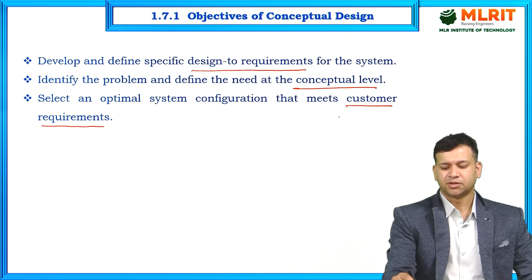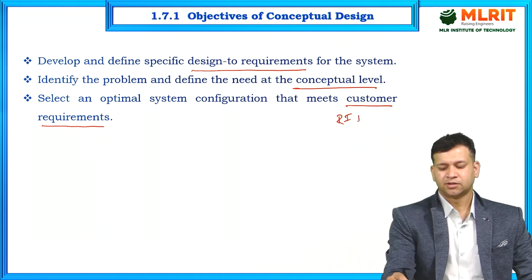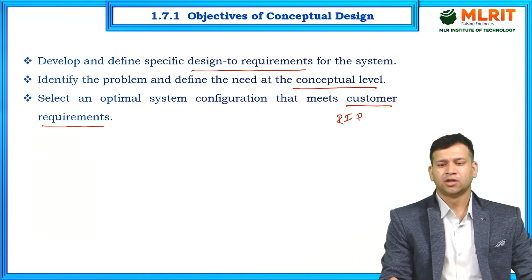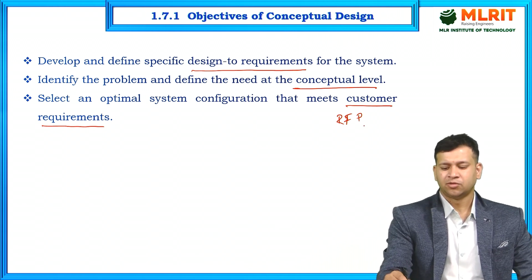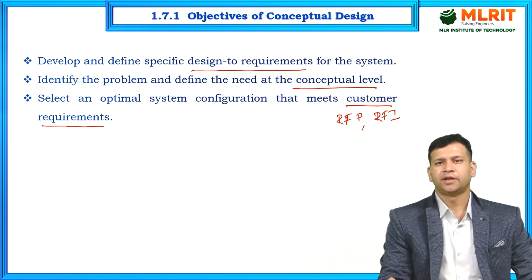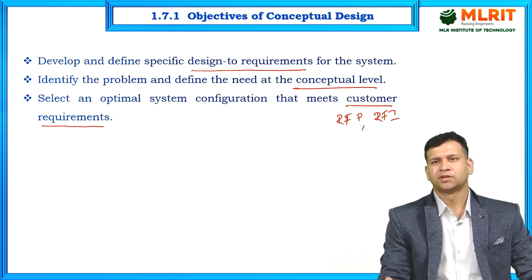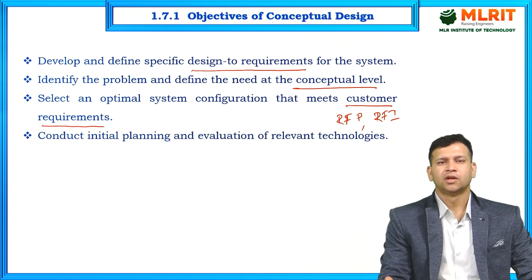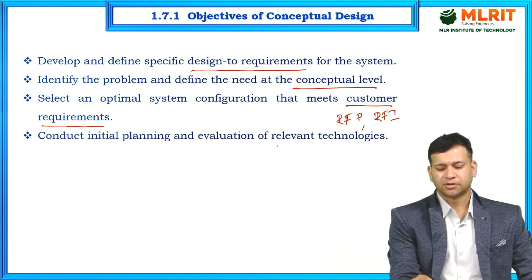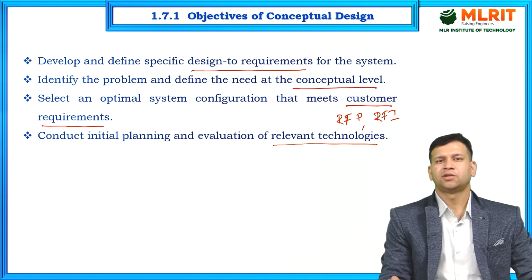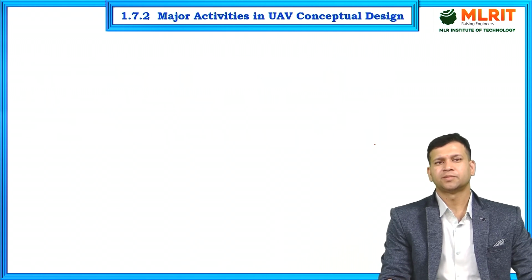If it is from the client for a specific project, here it refers to a mission. And if existing aircraft are available, then what missions they are going to take, that is the RFI, request for information. It conducts initial planning and evaluation of relevant technologies, the cutting edge technologies which are used in this.